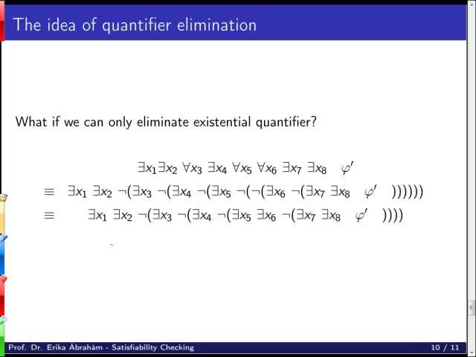So if I eliminate here these two quantifiers, then I get a formula without x7 and x8, then I can negate it, and then I can continue here. So I eliminate also the universally quantified variables by using one procedure for eliminating existential quantifiers.